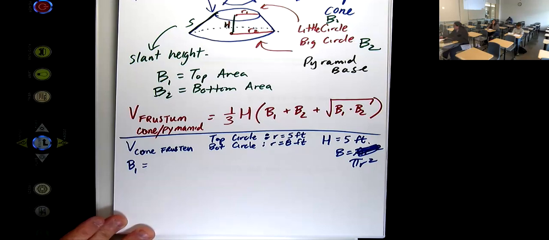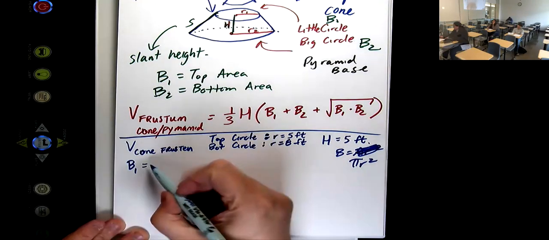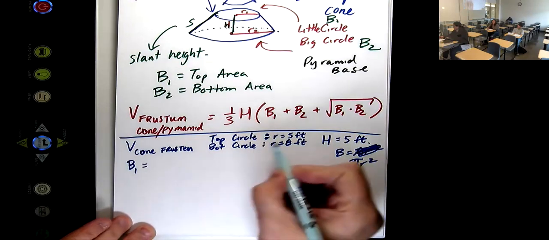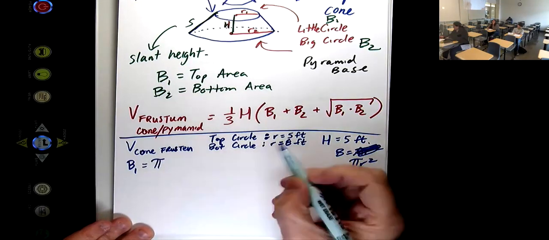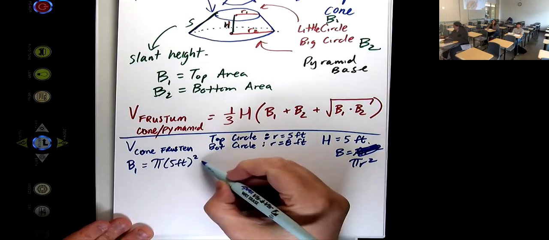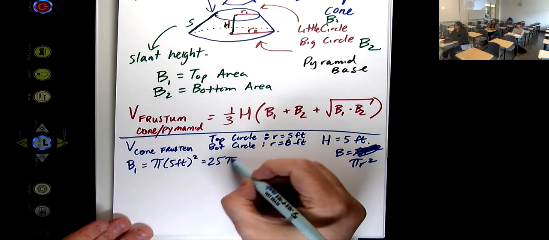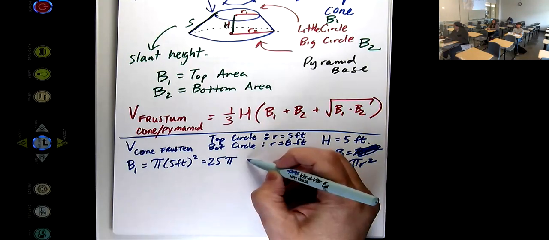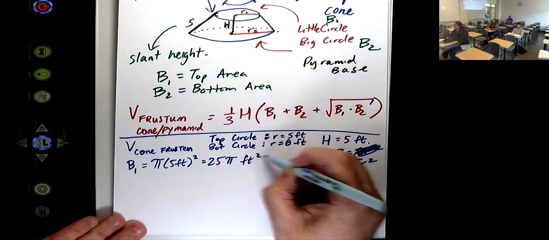So for the top circle, we have pi times 5 feet squared. It's gonna be 25 pi square feet.